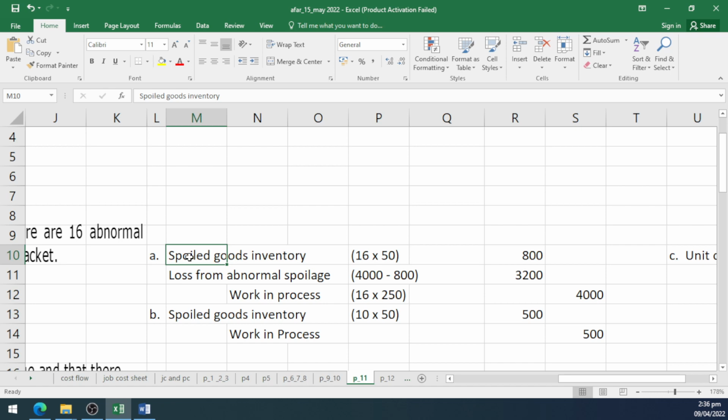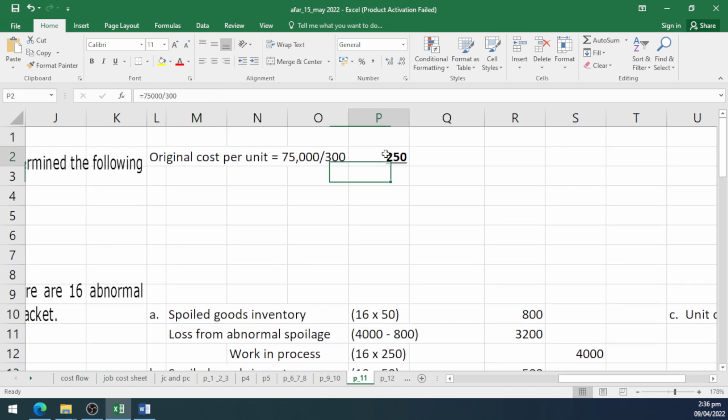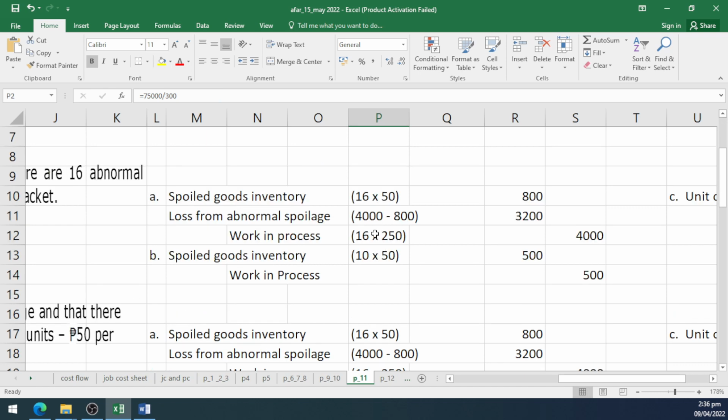O di yung unrecoverable cost, yung ating original cost per unit, 250. 16 units yan. Yung total cost ng 16 units na spoiled, abnormal, 16 times 250, 4,000. Mabebenta mo as second, 800 lang marirealize. Yung 3,200 hindi na marirecover. Yun ang loss. Loss from abnormal spoilage. Charge to loss account, it's a period cost.